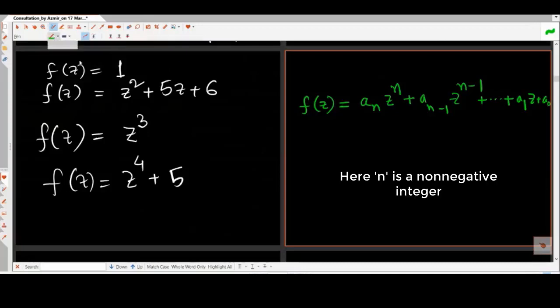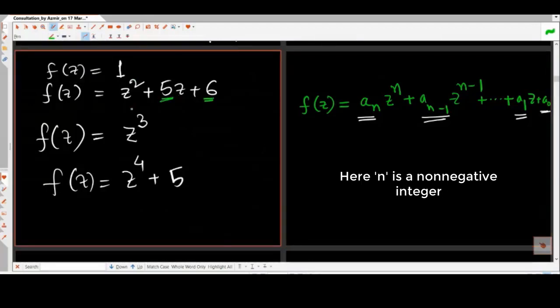So here I have written a sub n negative 1, a1, a naught. All these are just constants, like 5, 6. Here we have 1. You can think about this as a2, a1, a naught. So this is the general form of a polynomial function.